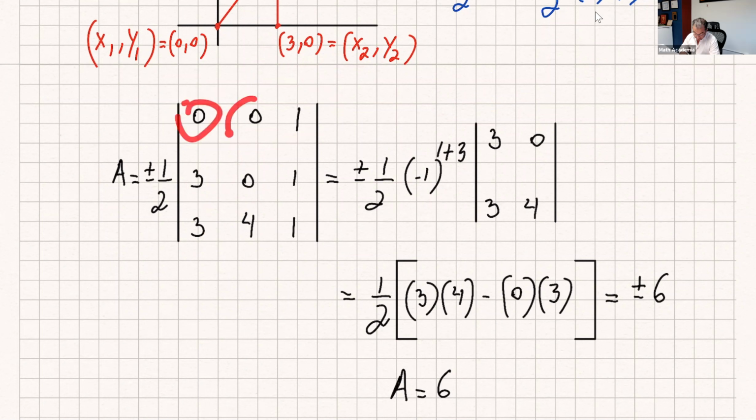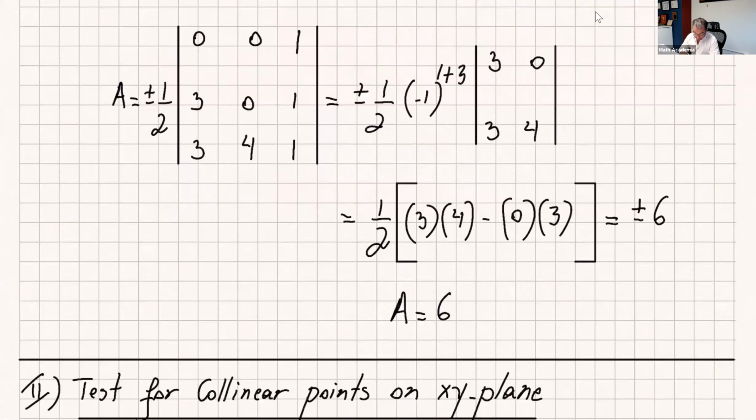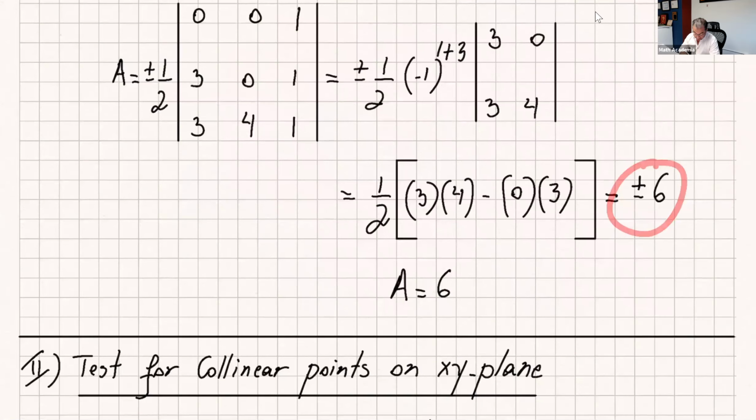We have a couple of zeros, so it's plus or minus 1/2 times negative 1 to the power of 1 plus 3, right here, times the minor, which is the determinant of 3, 0, 3, 4. And if you do that, you get plus or minus 6. And of course, area is always positive. That's why the formula says plus or minus. You have to take the positive one.